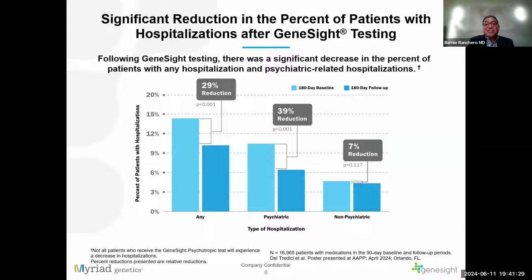It gives me the evidence and the confidence that, number one, I'm making the right decision in offering this testing to patients and giving them the ability to make better healthcare choices based on their own genetics, their own genes, and the medications they're on. And of course, I'm very fortunate being in primary care that I'm catching patients early. I'm not catching patients that are in urgent need of psychiatric hospitalization.